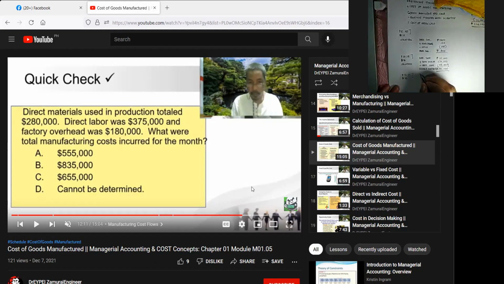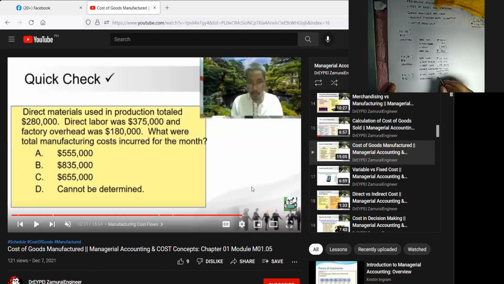Direct labor is 375,000. And factory overhead, 180,000. Overhead is 180,000.